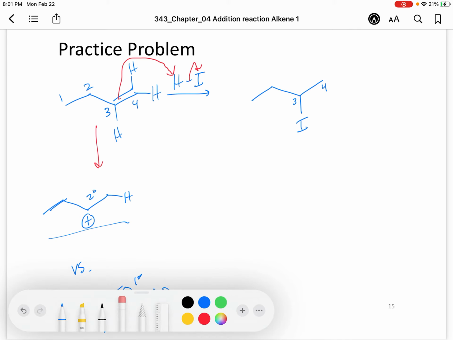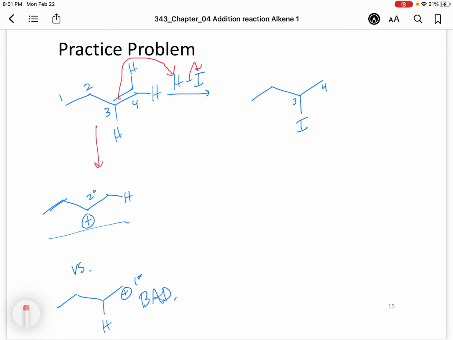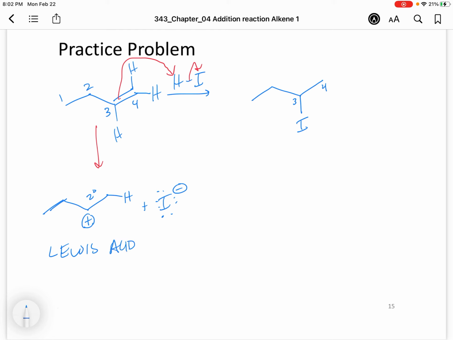And that's also why we have the Markovnikov rule, but it's important to know why the Markovnikov rule is even a thing. So now we have our carbocation that we wanted to form, and we know that we made I minus. Well, we have a Lewis acid. We have a Lewis base.